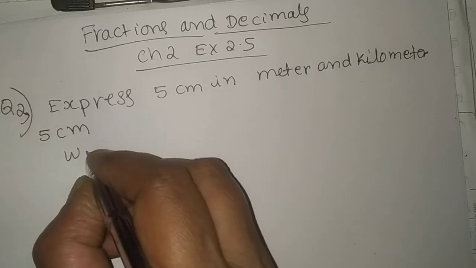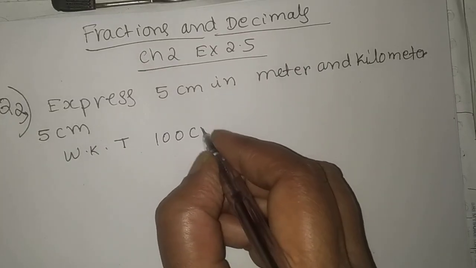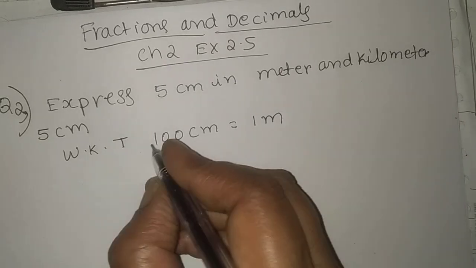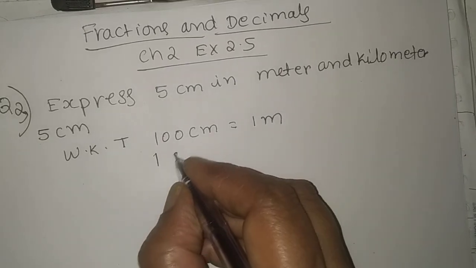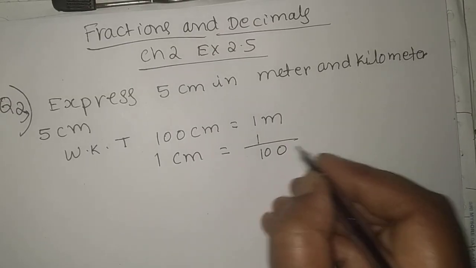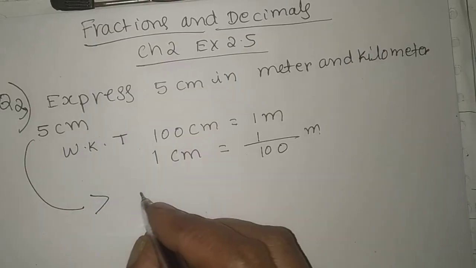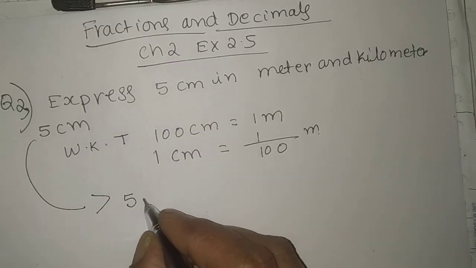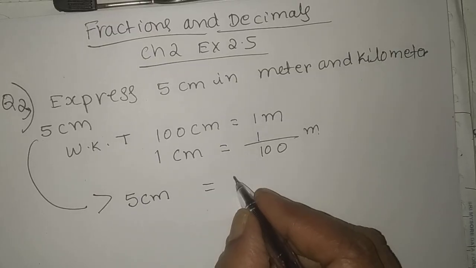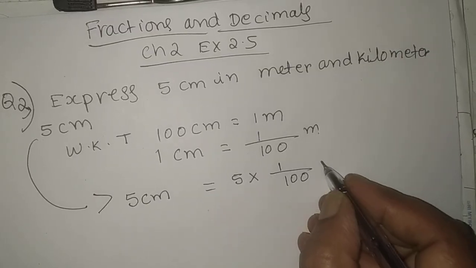So we know that 100 centimeters is equal to 1 meter. So 1 centimeter is equal to 1 by 100 meters. So for 5 centimeters, we have to multiply 5 into 1 by 100 meter.